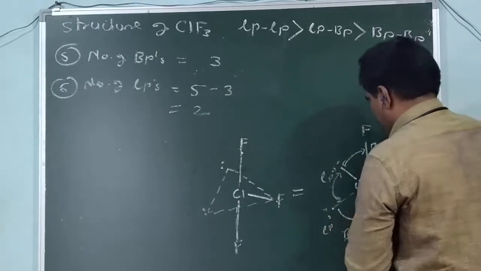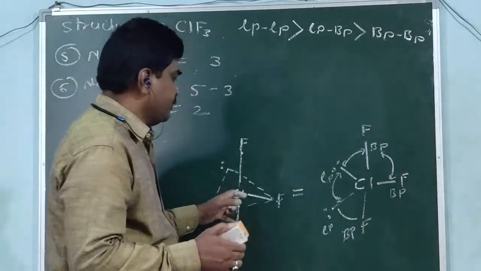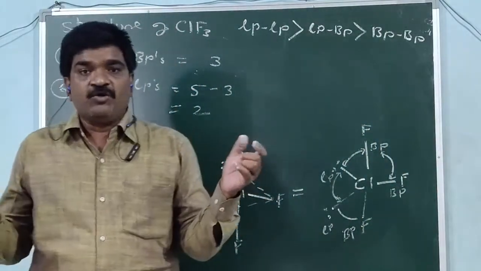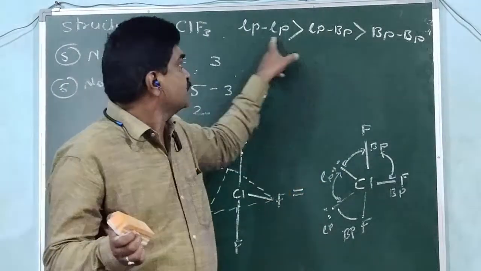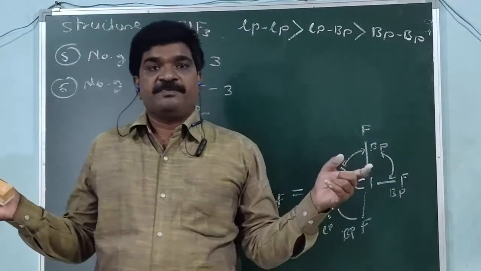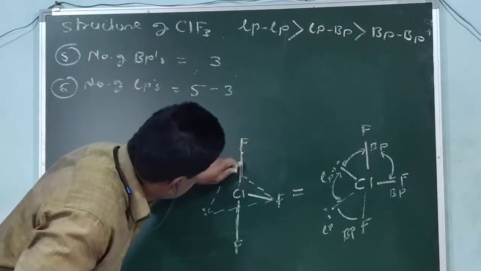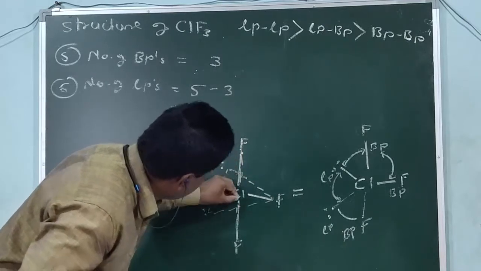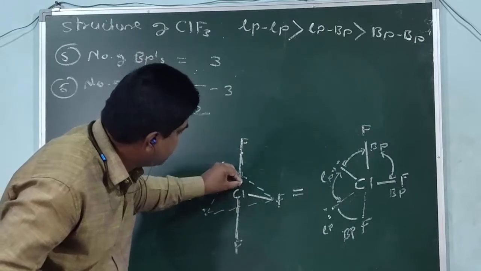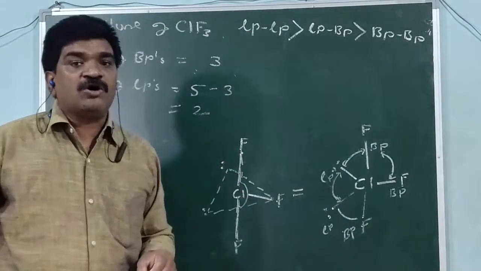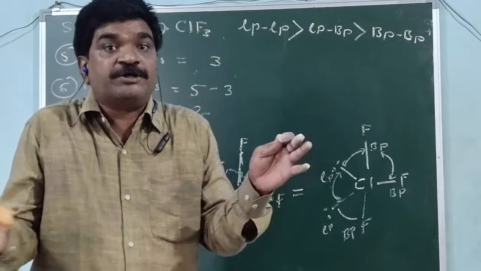Now how would the shape be? Because of the lone pair repulsion, lone pair bond pair repulsion, and because of this variation, what happened? This bond angle, you see, that is the axial fluorine atoms, that is F-Cl-F, this angle no longer remains 180, but it gets shortened.